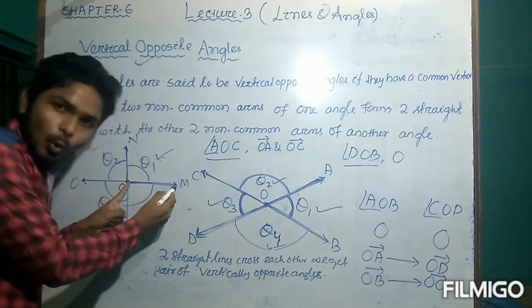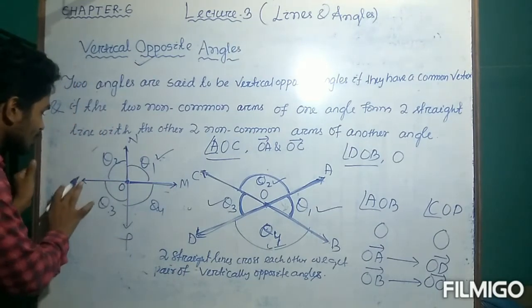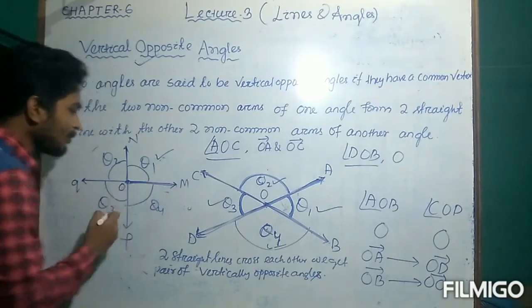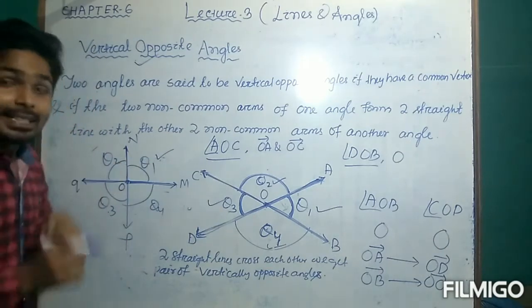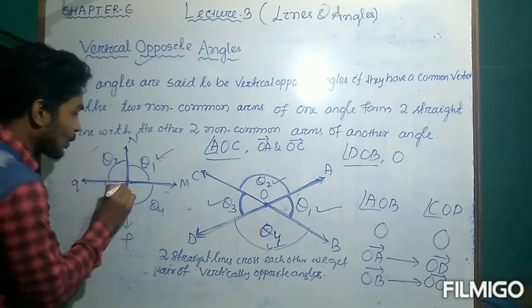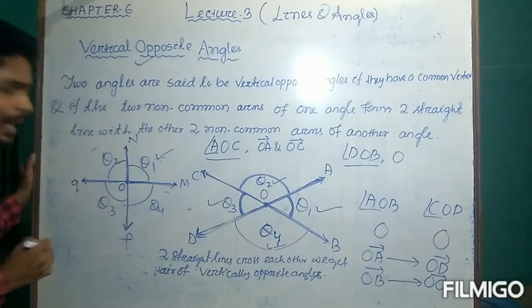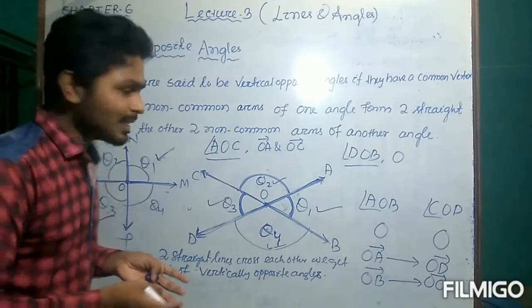So the arm OM forms a straight line with the arm, suppose this is Q, okay? The arm OM forms a straight line with the arm OQ. So this is a straight line. Similarly, this arm ON forms another straight line with the arm OP. Hence, theta 1 and theta 3 are two vertically opposite angles.